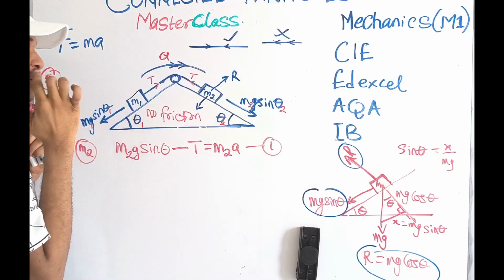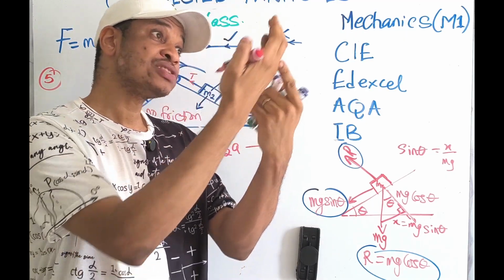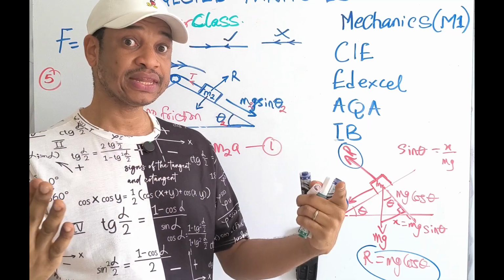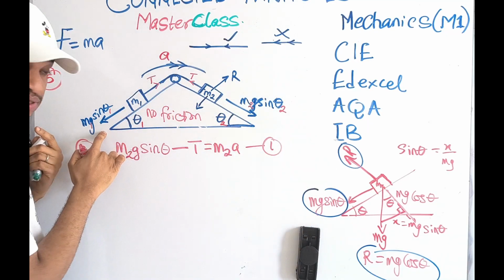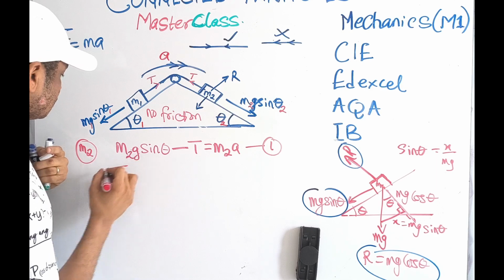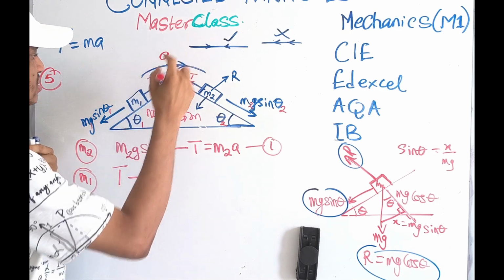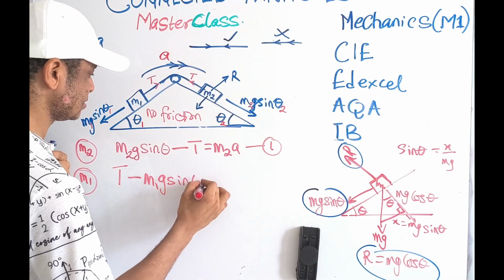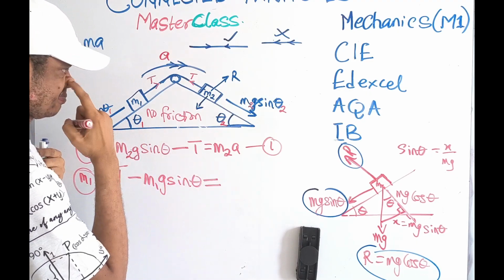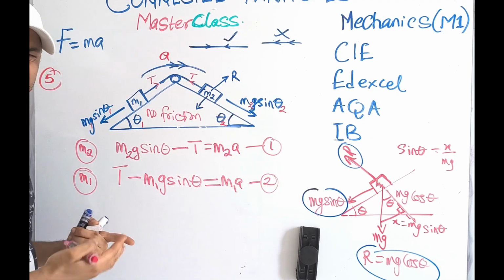Then obviously, in any inclined plane problem, this particle is supposed to fall down. So that will always be there. Don't forget that. You cannot say, oh, it's moving here. This will oppose this. So this will be T minus M1 g sine theta is equal to M1A. So these are my answers.